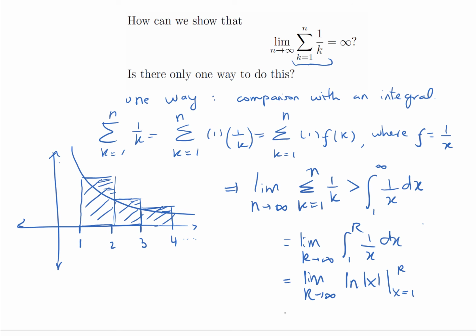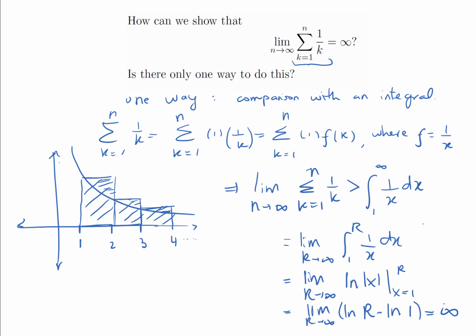And that limit is the limit as r goes to infinity of the ln of r, without the absolute value because r is positive, minus the ln of 1, and the ln of 1 is 0, and that limit is infinity.